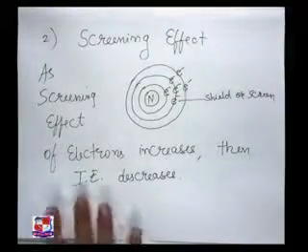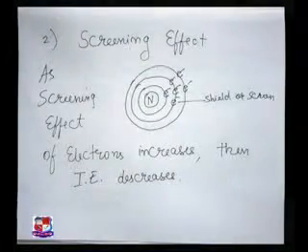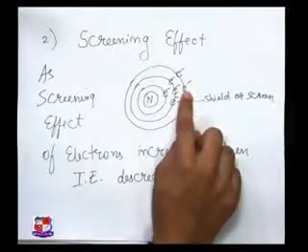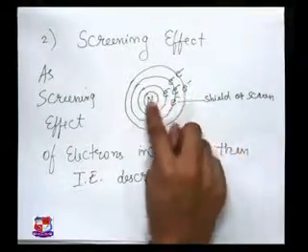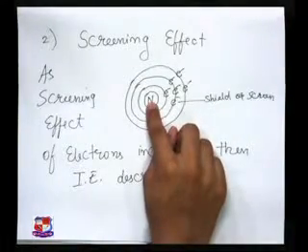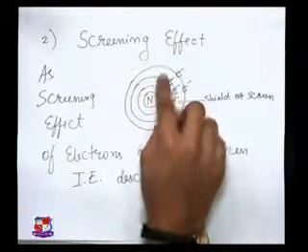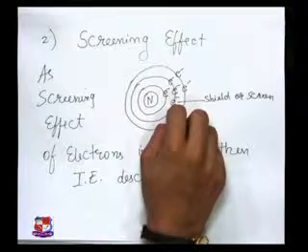Second factor, very interesting, is the screening effect. What is the screening effect? Look here, there is a nucleus, and outermost electrons are there. These electrons are attracted by the nucleus, but the intermediate shell electrons act as a shield, as a screen.